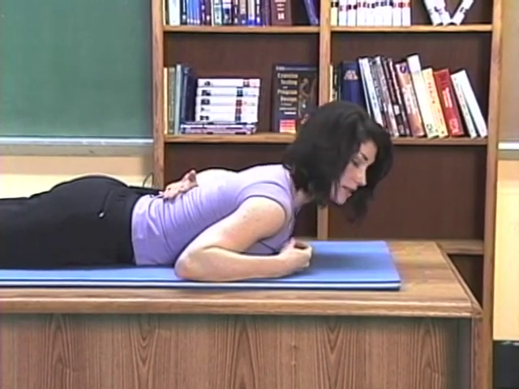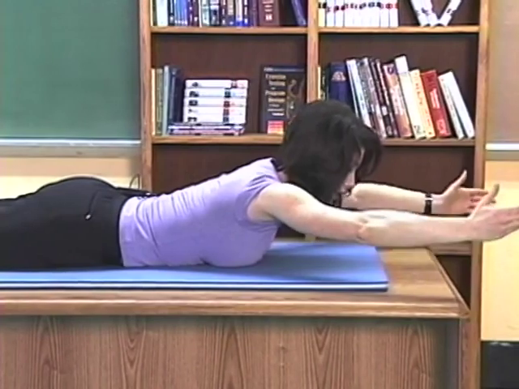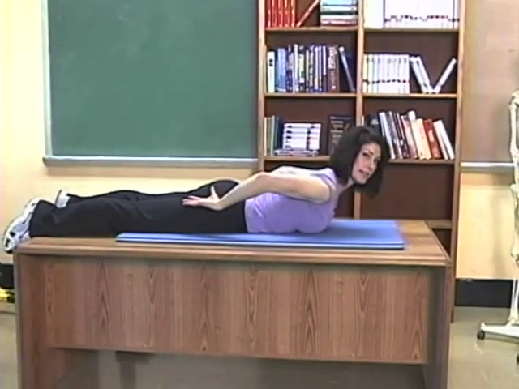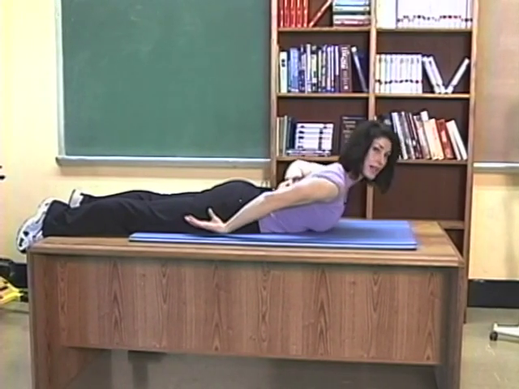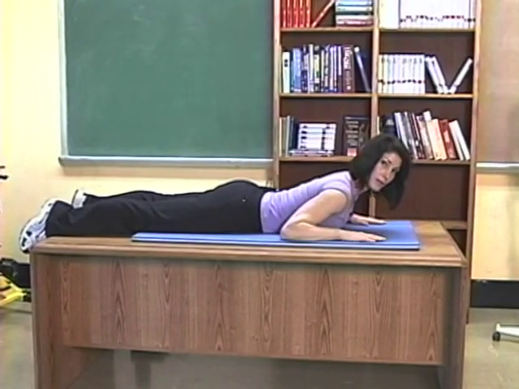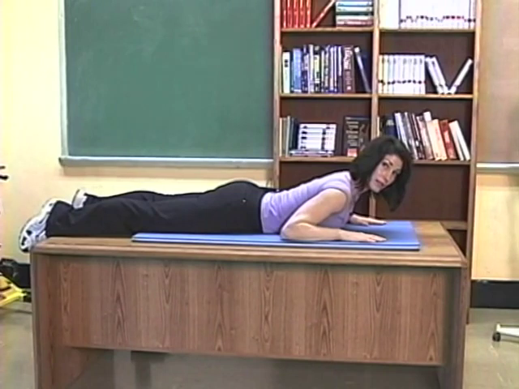So this tends to be a safer exercise for developing back strength versus trying to lift both the chest and the legs off. So keeping the legs down and just again lifting the chest tends to work more effectively for developing back strength.